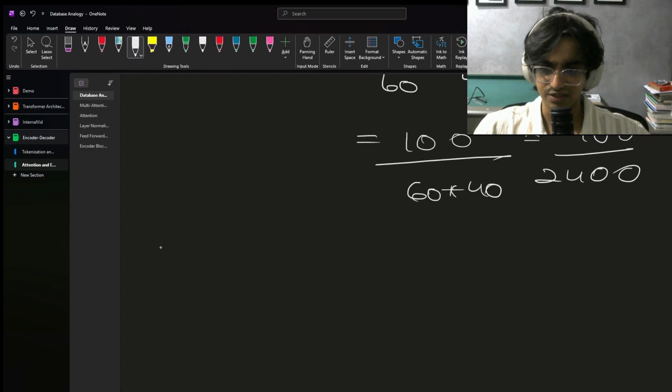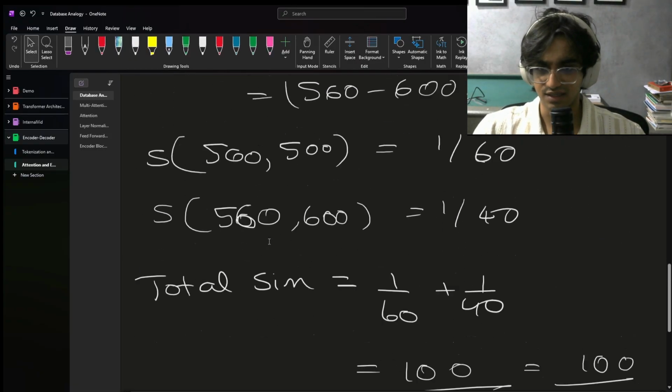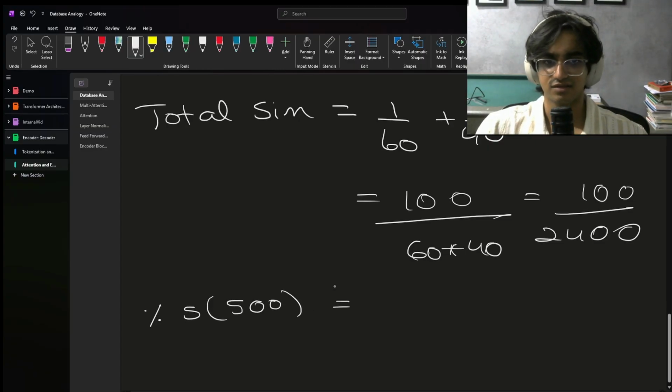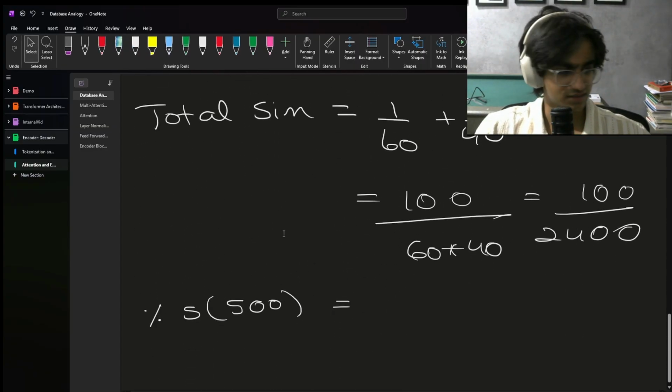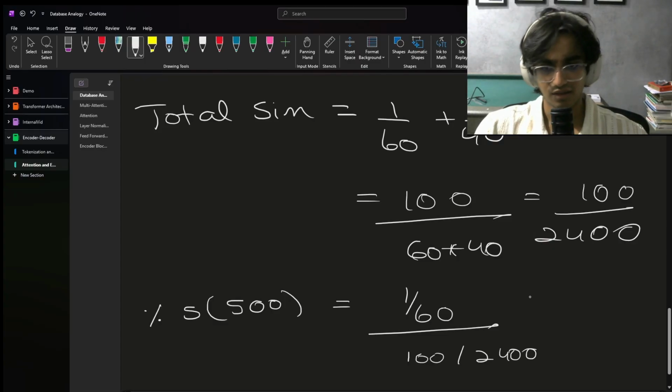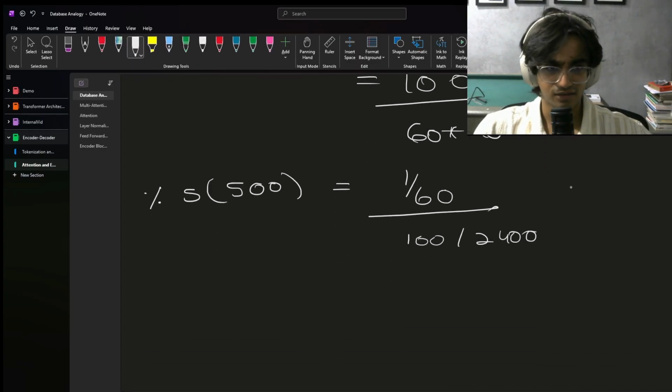Now we're going to find the percentage. So the percentage of, let's say, your similarity from the point 500. So that's 1 over 60 divided by 100 over 2400, your total, and into 100.